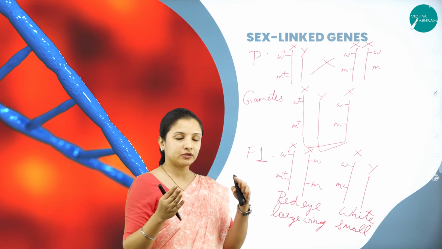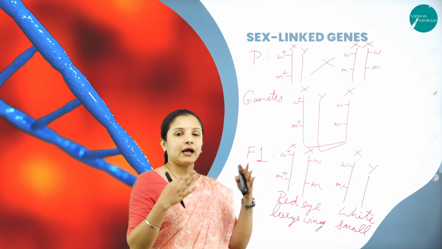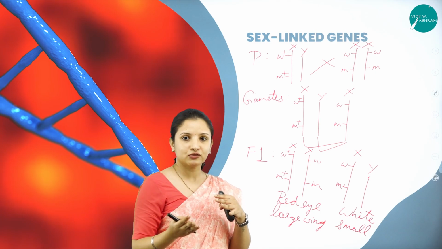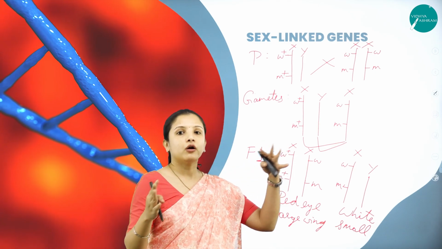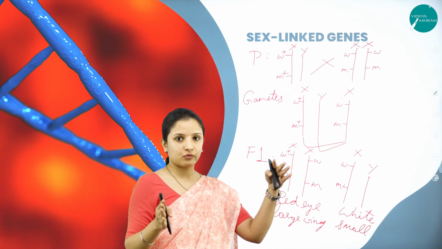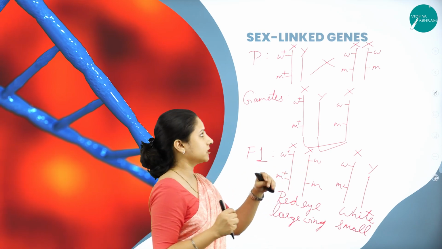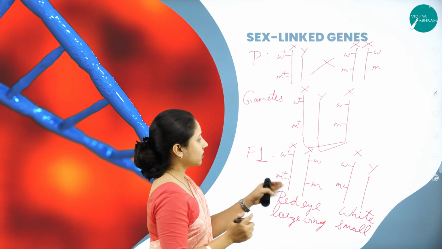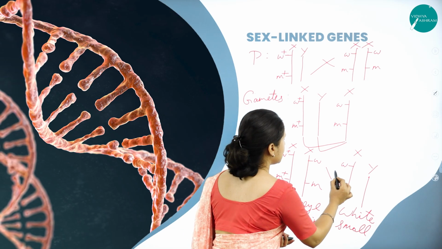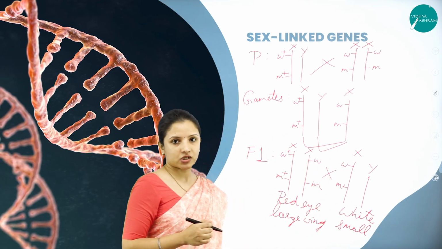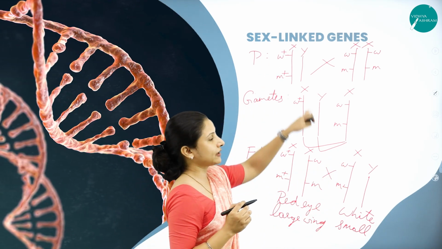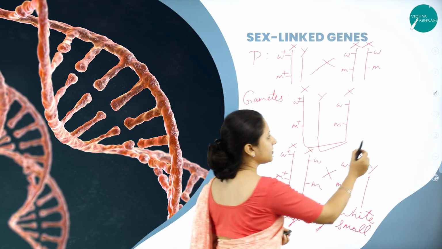So the gene responsible for the eye color and the gene responsible for the size of the wing are located on different positions on the chromosome, that is far apart from each other. So here again, he made a cross between these two F1 generation flies. So I'll erase these to make space for writing.